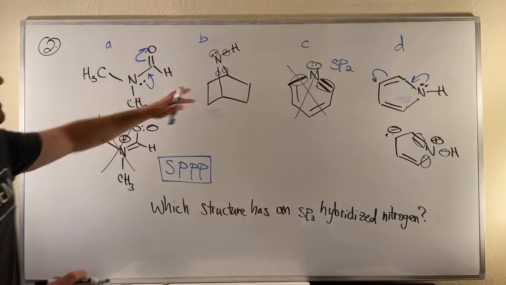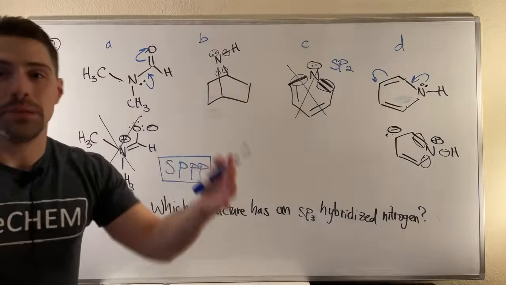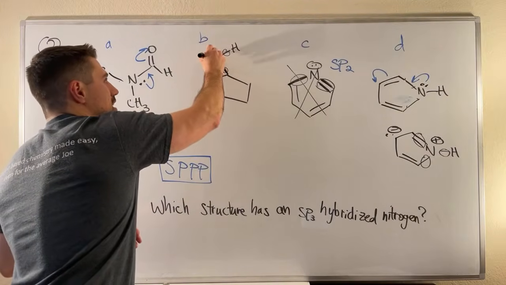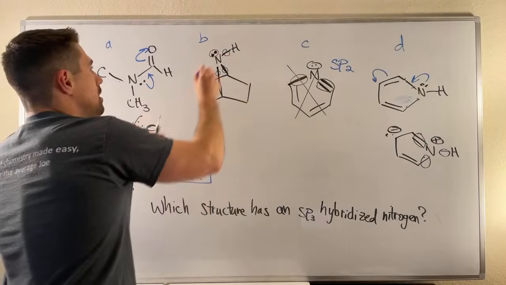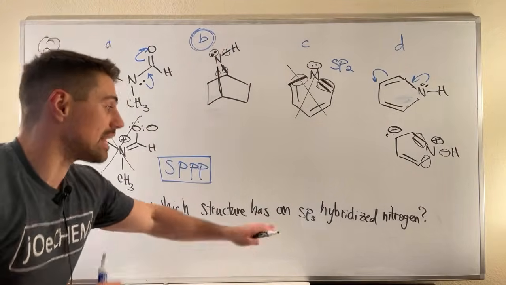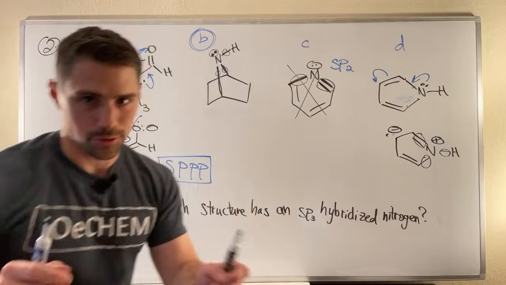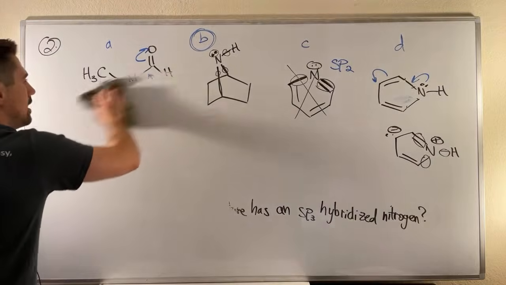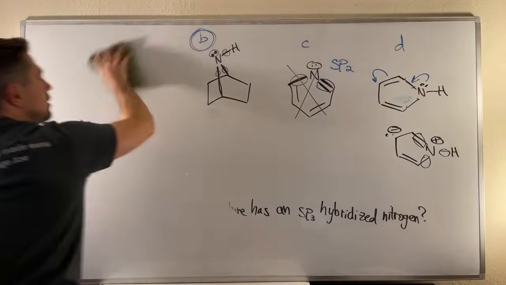So we can see that B has no ability to draw resonance. It is stuck with its 4 bonding areas, and it can never look different than that. So that's the long way of saying B is the structure you're looking for in terms of identifying that sp3 hybridized nitrogen. All right. And we are moving right along.